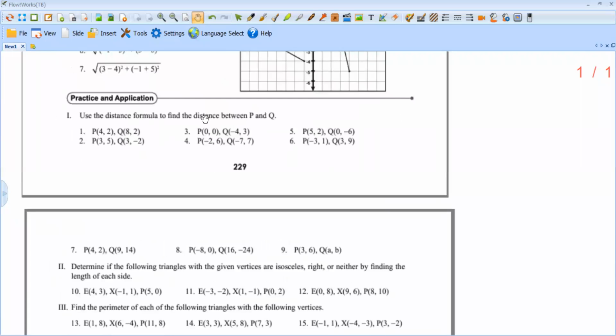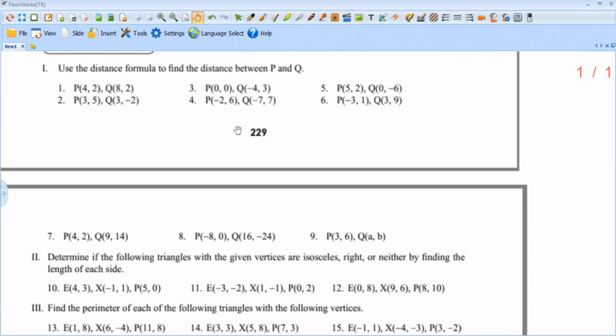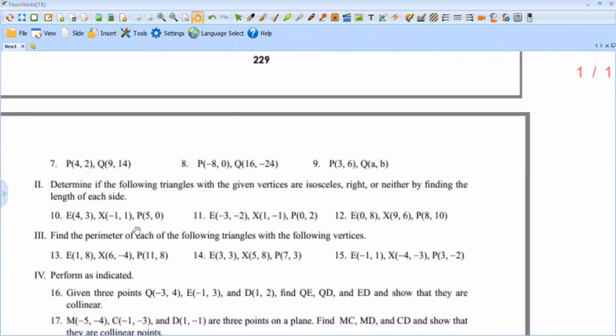Now you can solve the practice application so that you can identify and apply the formula. Use the distance formula to find the distance between P and Q, and to determine whether the following triangles with the given vertices are isosceles, right, or neither. What do you mean by a right triangle? When it is a right triangle, make sure that you apply the Pythagorean theorem.